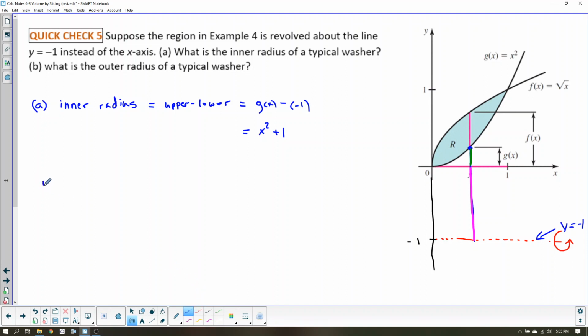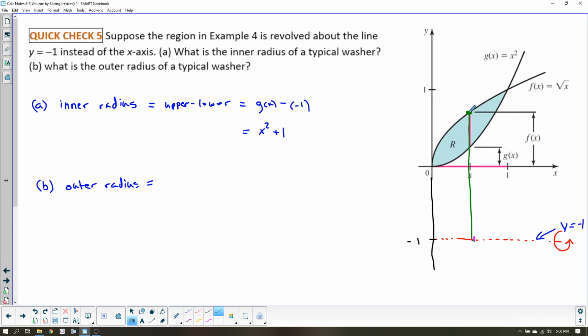Let's do the outer radius. Okay, so let's actually erase what we have over here. So the outer radius would be from this point all the way down to the line. And the same strategies work for this as well.